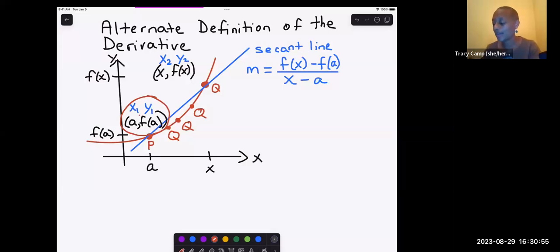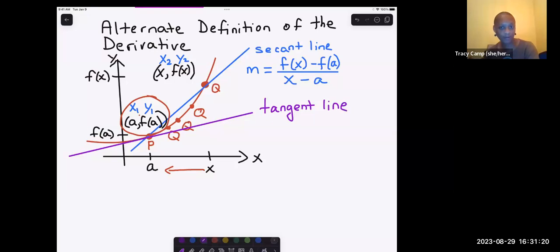So what is actually happening as Q gets close to P is that the x value is getting closer and closer to a. So here is our tangent line. And what we refer to as the derivative, this is just the alternate definition of the derivative.